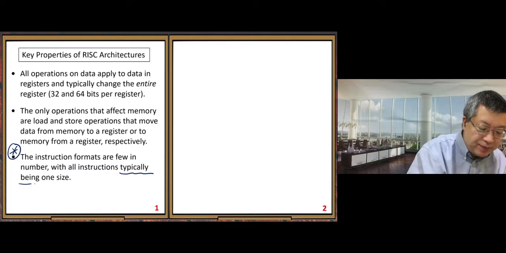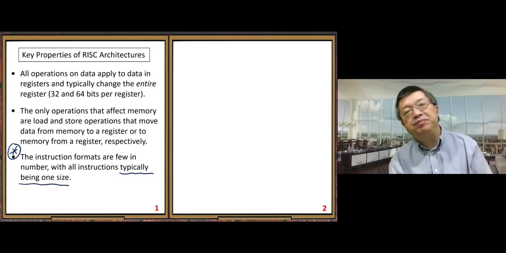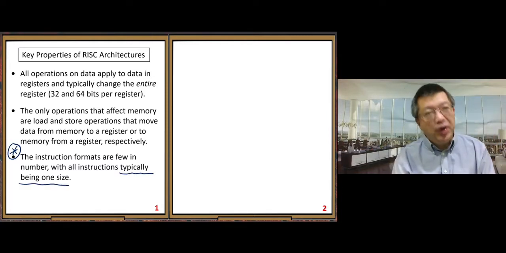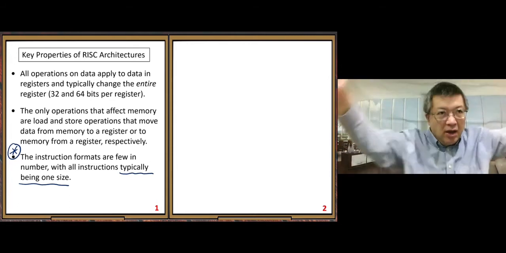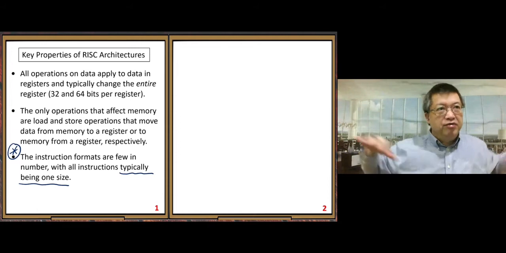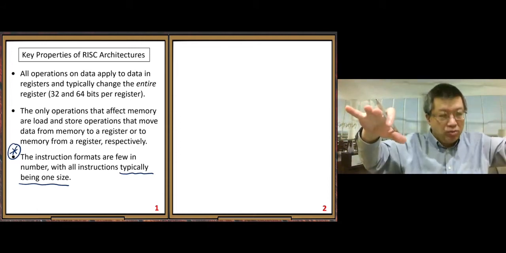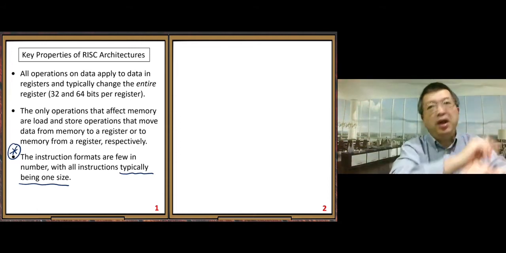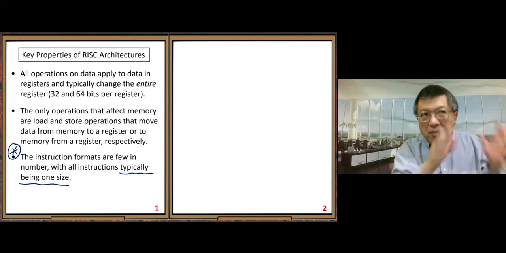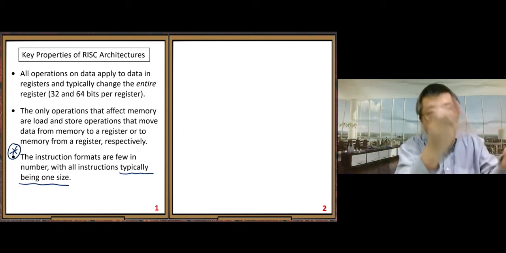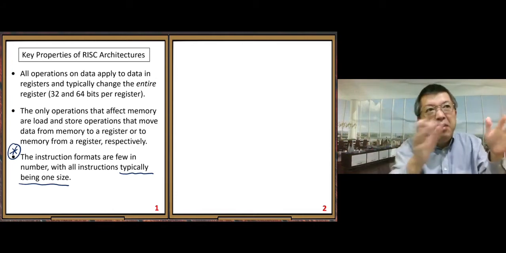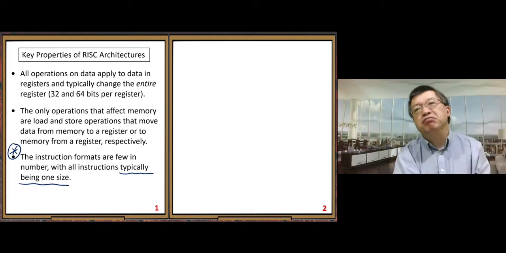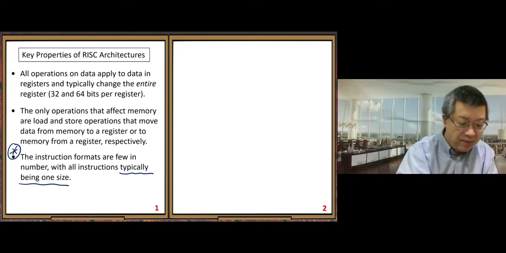The reason is very simple. We know RISC, this big umbrella, covers a large number of different smaller RISC type architectures. Most of them use fixed length instructions, but there is some small variation. So that's why it uses typically.